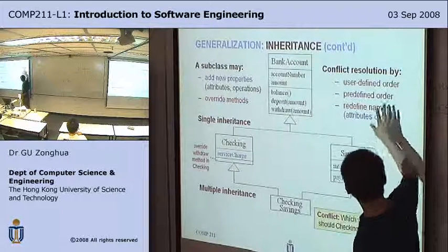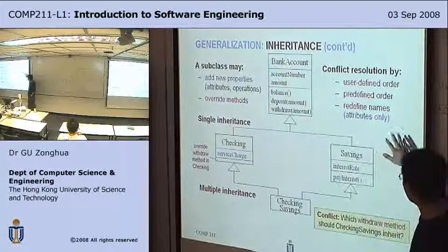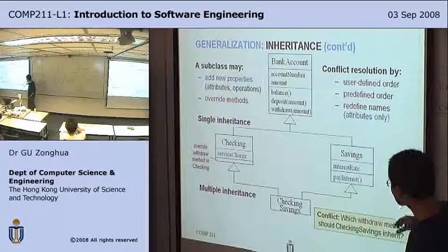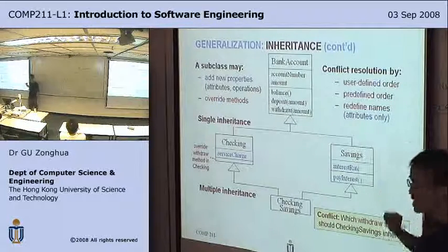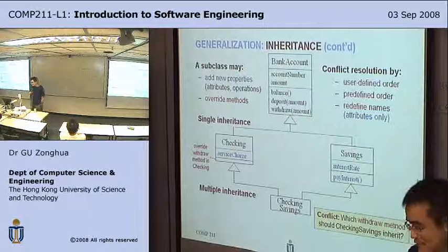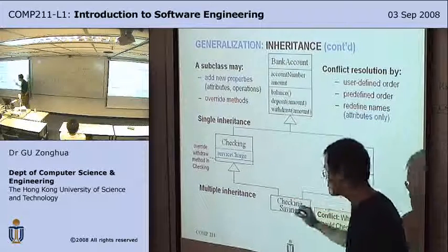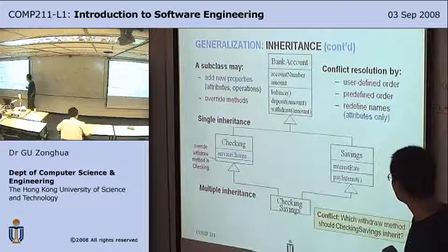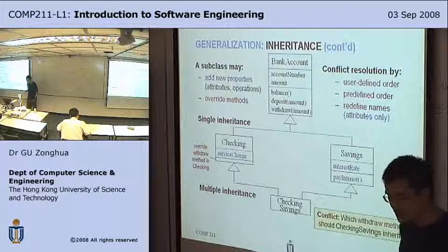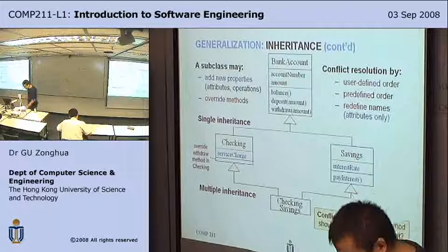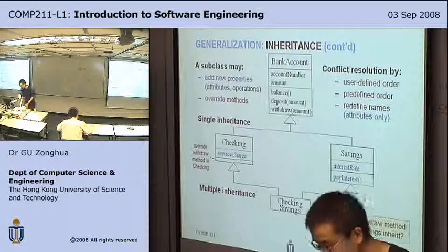For predefined order or redefined names, that only applies to attributes. You cannot redefine the name of an operation. So you can only redefine the method, that is the implementation of the operation. So there's not a general mechanism for resolving conflicts.